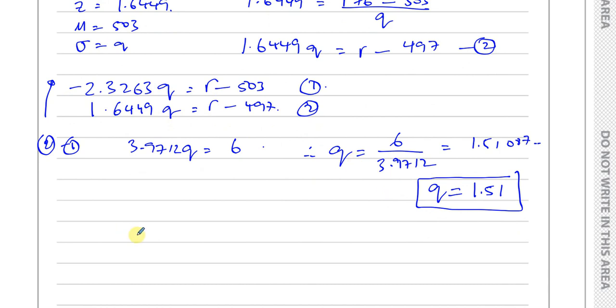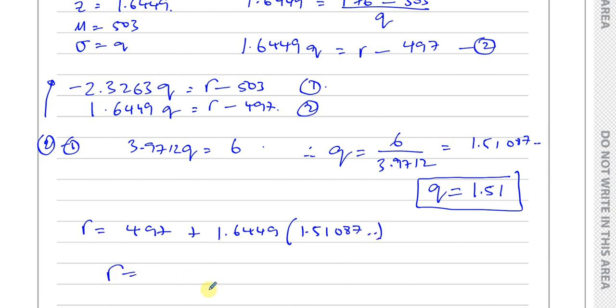Now we can find R simply by rearranging one of these equations. I think this second one looks easier. So we can say R is equal to 497 plus 1.6449 times Q, which is 1.51087. I'll put it in its exact form.